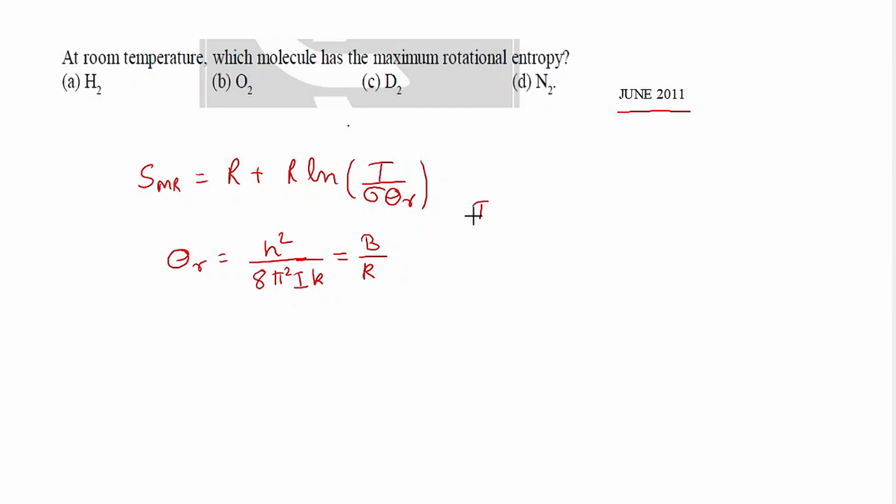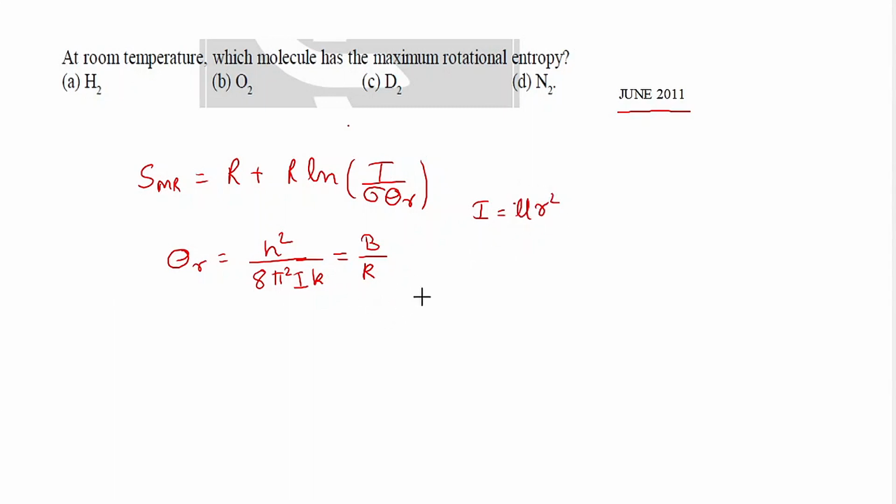We know I equals mu r square, so the moment of inertia is proportional to the reduced mass and the bond length. If the bond length is constant, it is proportional to the reduced mass mu.